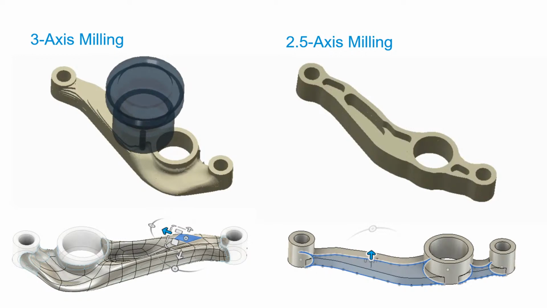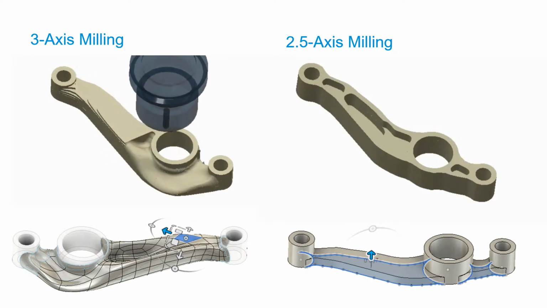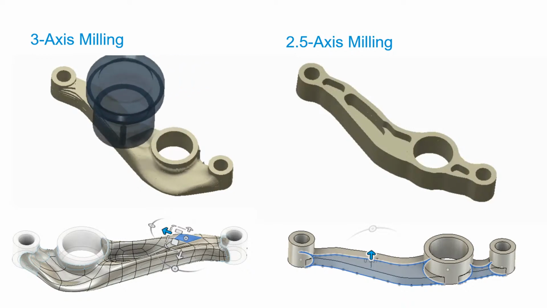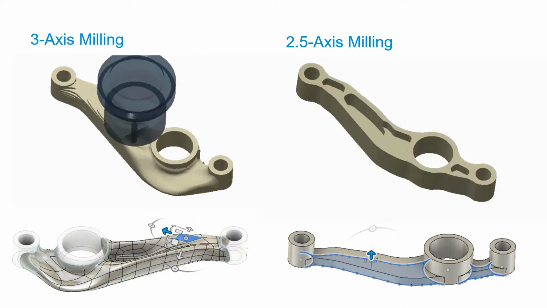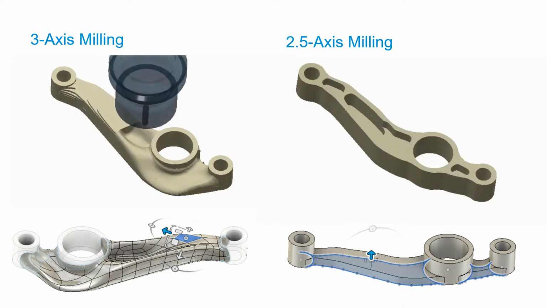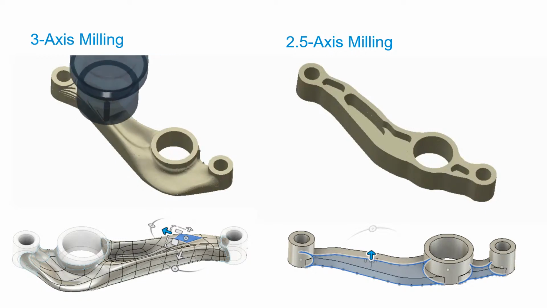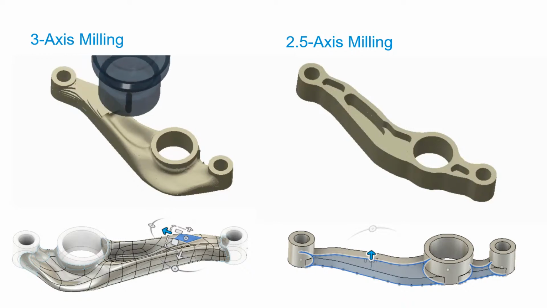But now we can also look at the manufacturing time itself and then the manufacturing cost. So you can see that 3-axis milling part is actually still milling that component, while the 2.5-axis, because of those pockets, is actually already completed. So again, this is where generative design really brings the power of everything that we talk about with creating higher performing products and the design for manufacturing process to traditional manufacturing techniques.